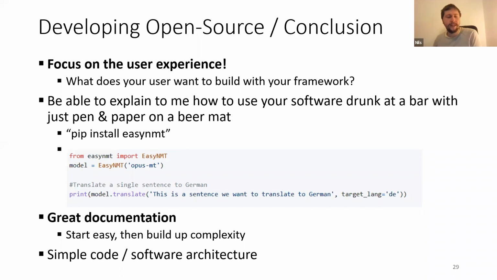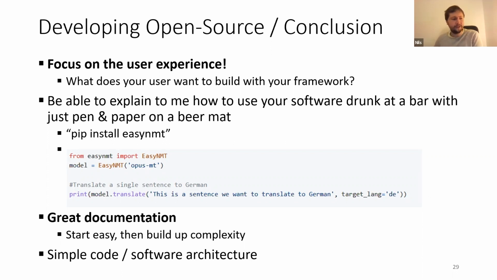Finally, if you want other people to contribute to your open source library, aim for simple code or software architecture. Make it really simple for outside people to understand your architecture and to contribute to your code.